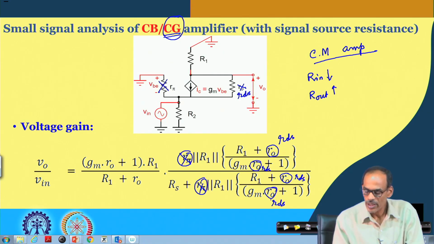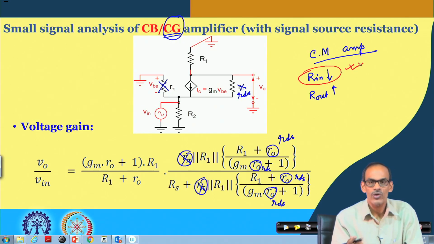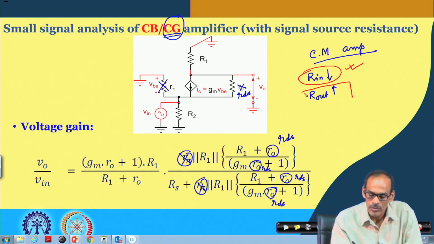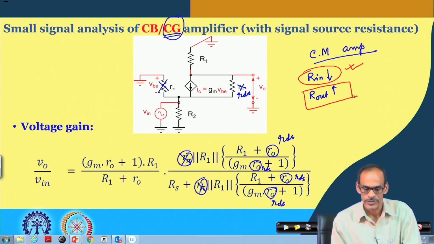We already have seen that this circuit has quite low input resistance, so we already have this property. Now, we can see whether we have the other property. In the next slide we can see the expression of the output resistance of this circuit.